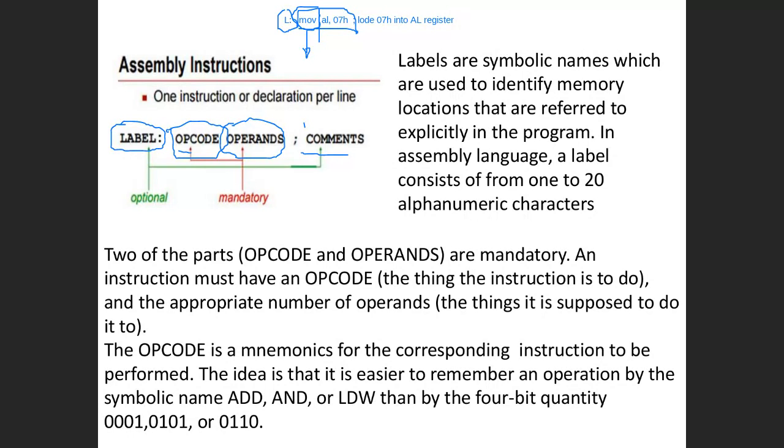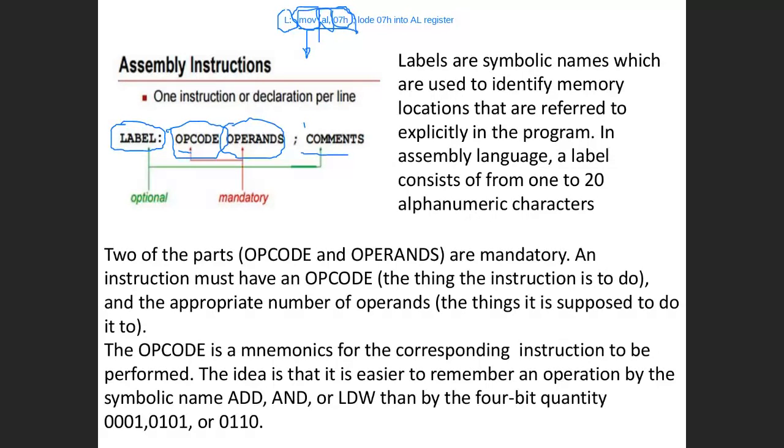The first is the first operand or destination operand, and the second is the second operand, sometimes called the source operand. The first one is the destination operand.